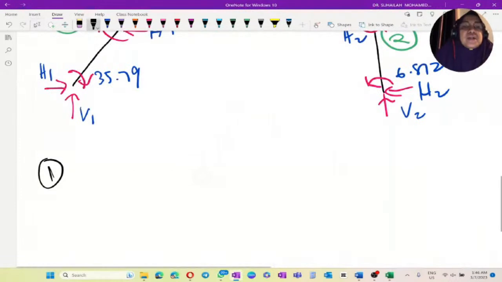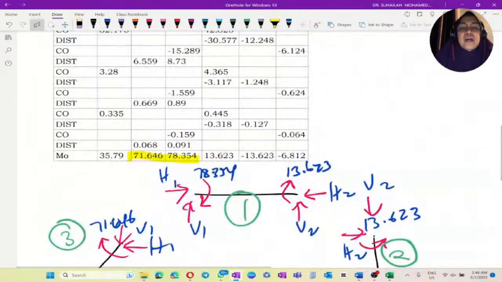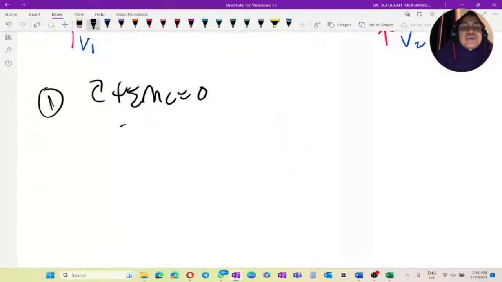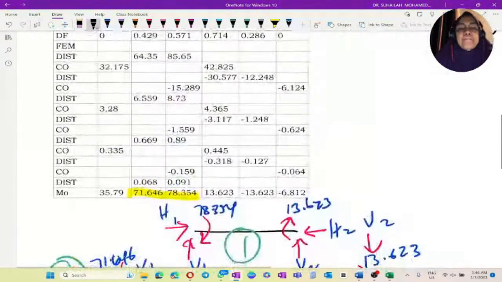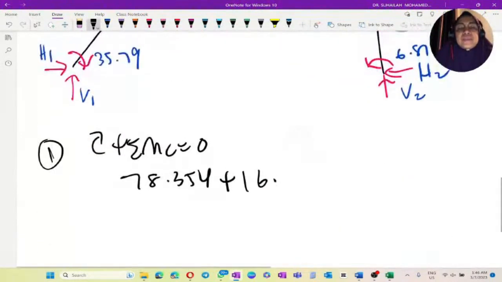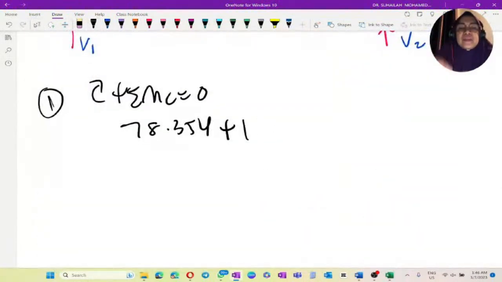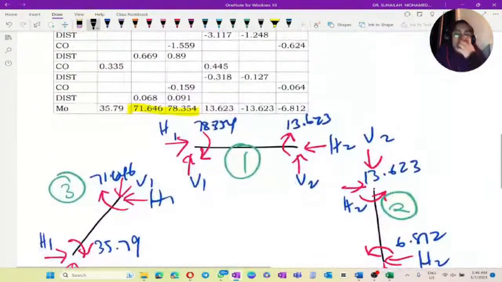Taking moment at C equal to 0, we get 78.354 plus 13.623.